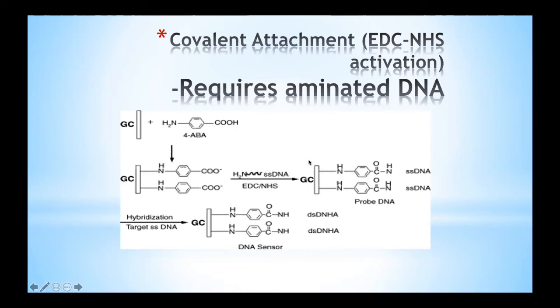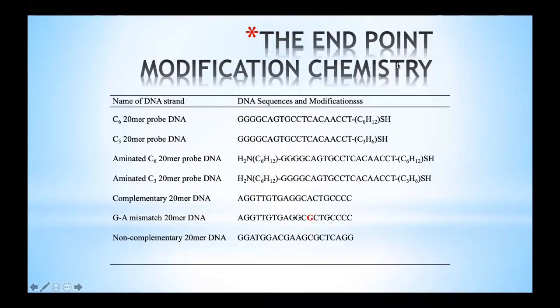This will ensure a very stable immobilization on top of the sensor surface, as well as an endpoint attachment of the DNA, in this case, on top of the sensor surface. These are examples of endpoint modification of the DNA probe that we can order straight from the companies.